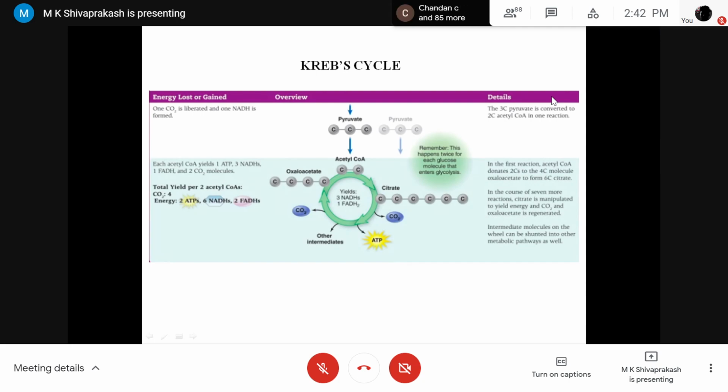At the same time, the intermediates of the Krebs cycle are made use of as raw materials for biosynthesis. All these things are given here.